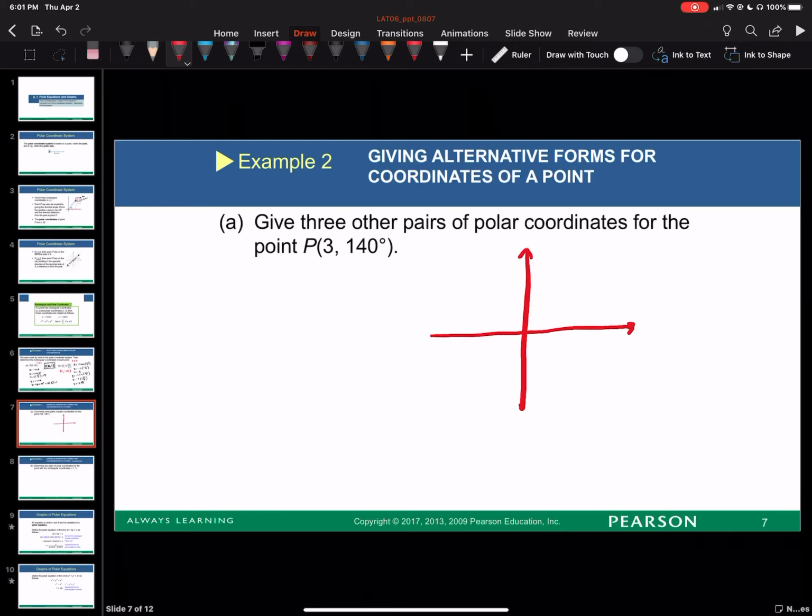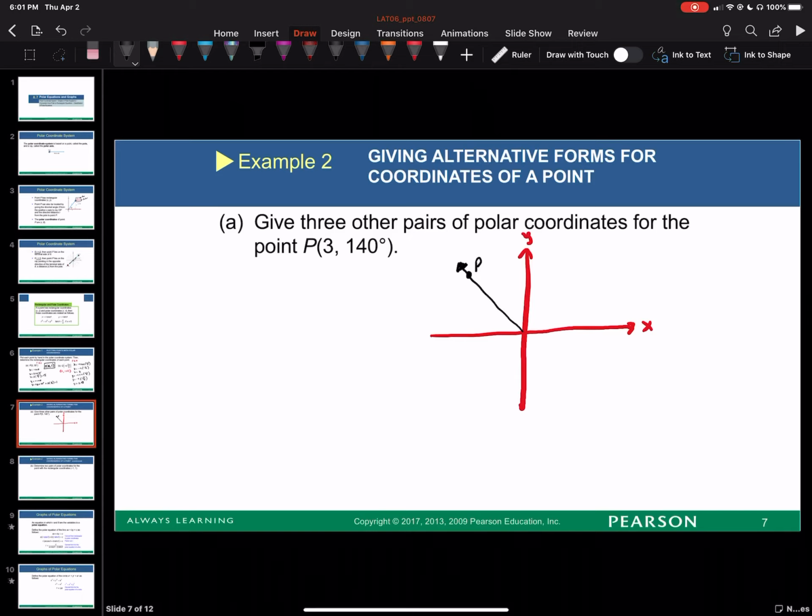All right. So looking at what we got, we know this is the y-axis, this is the x-axis. Now, we know that we have something like this. And let's just say that this is point P, which is 3 and 140 degrees.